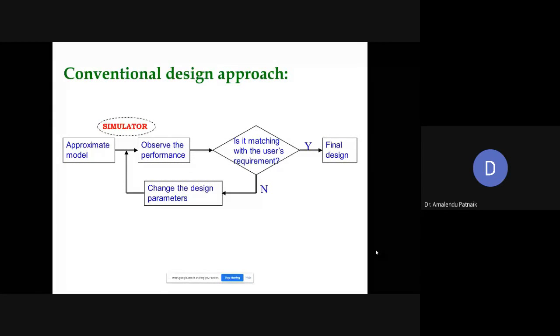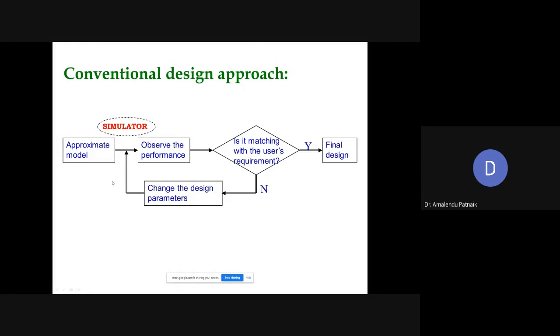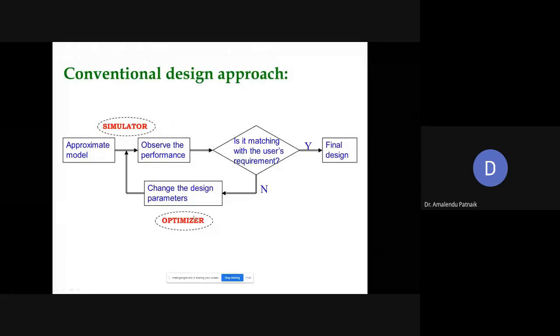at this particular point, we are using a simulator. That means after developing the approximate model, or after changing the approximate model a number of times, in order to observe its performance, we need an RF simulator, right? And if you see mathematically, each time we are changing these parameters, basically we are applying an optimization process at this point.